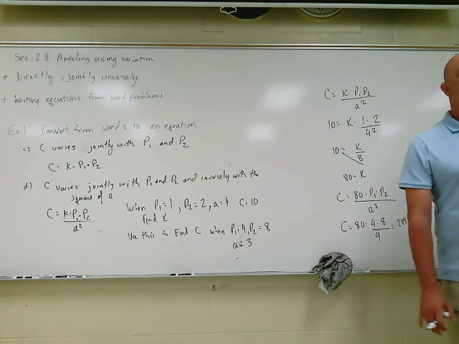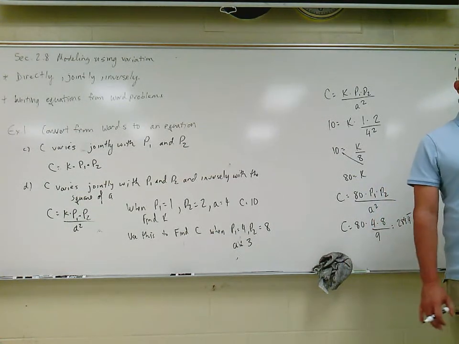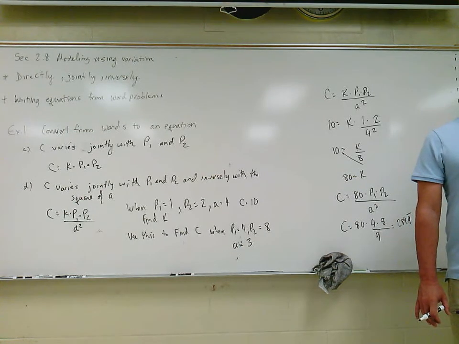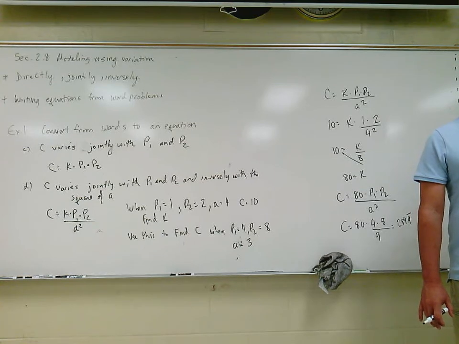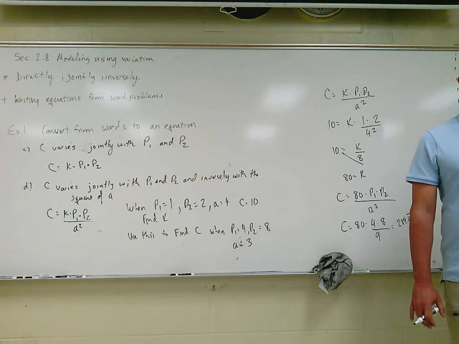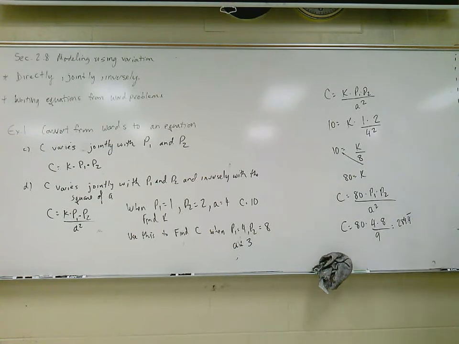Directly, I'm gonna read it, you're gonna give me, I point to somebody, give me the equation. Y varies directly with X. Y equals K times X. Okay?